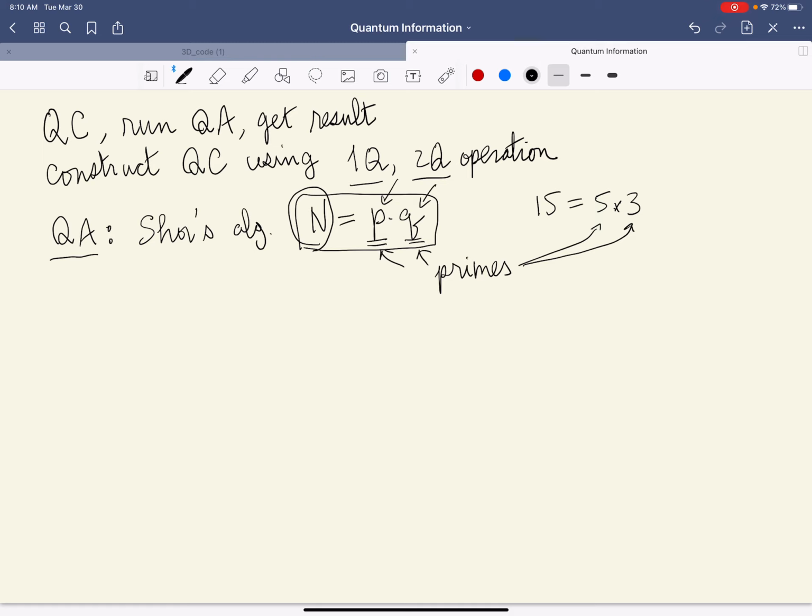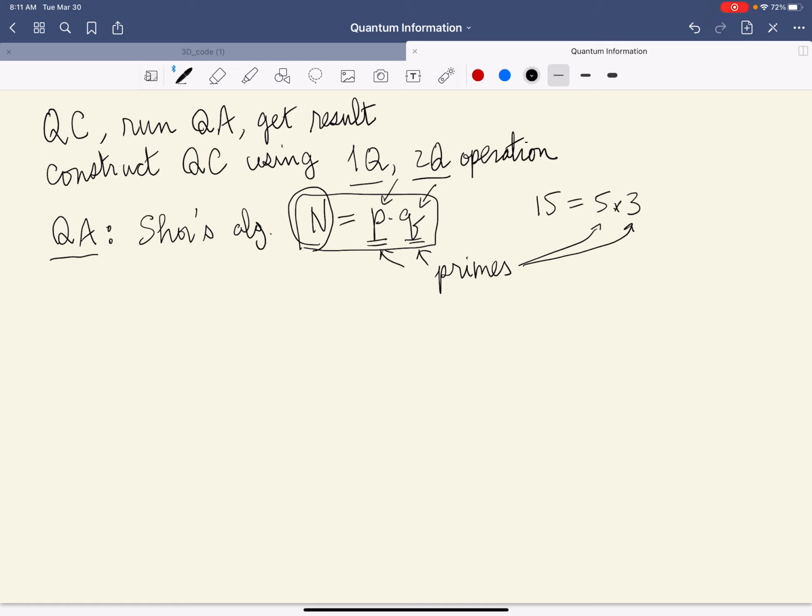This was a landmark paper, and Shor's algorithm involves a whole bunch of results borrowed from number theory, as well as a clever use of quantum mechanics in building this quantum factorization algorithm.